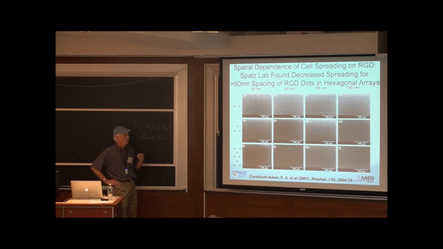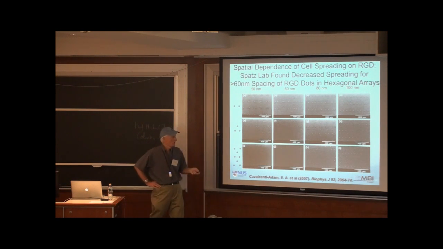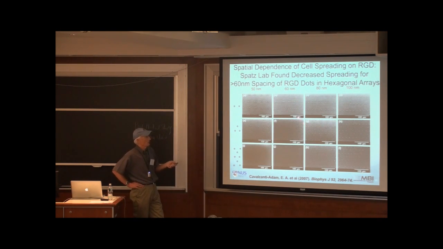And so that raised the question of, is this a density issue? Because obviously there are many more dots per square micron and many more RGDs per square micron in these arrays than there are in these.